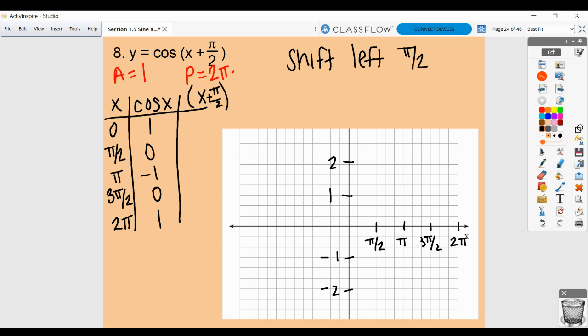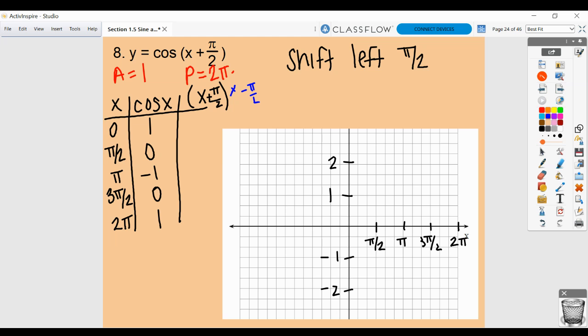So you're actually taking the x value and subtracting pi over 2.